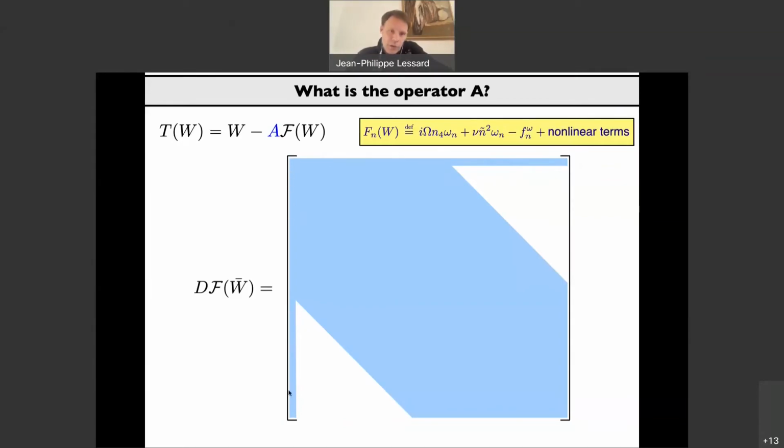The first column is the derivative with respect to capital omega, the frequency, and that only leads to i n 4 omega n.